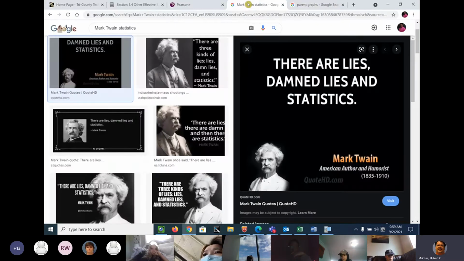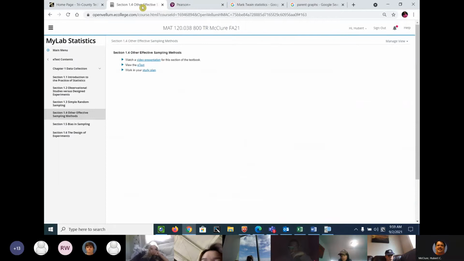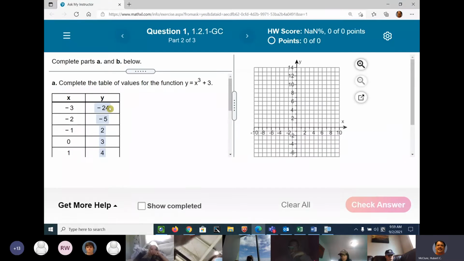Well, where's the problem? Sorry. There we go. So -3, I got what? Well, I didn't do -3. So -3 cubed is -27, plus 3 is -24. That's good. -2 is -5, but it says -6. And I can't change it.